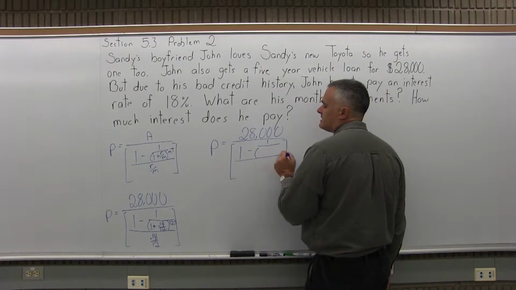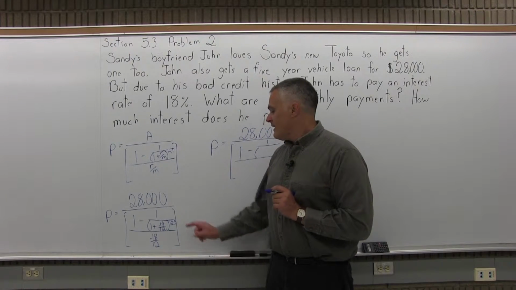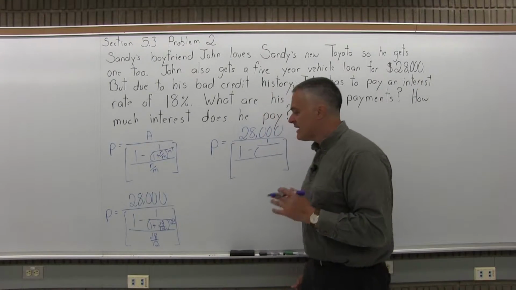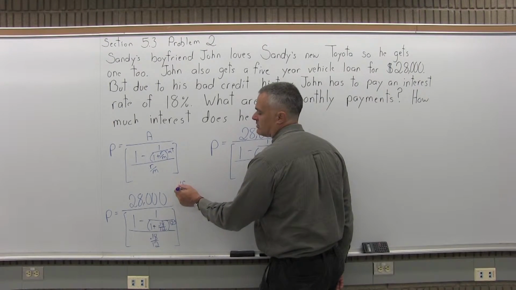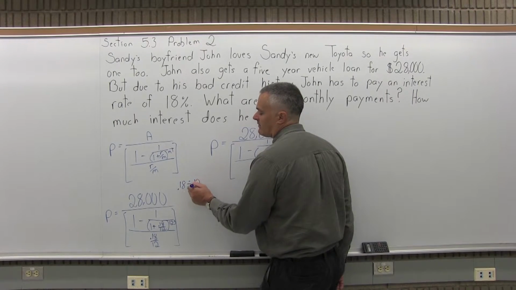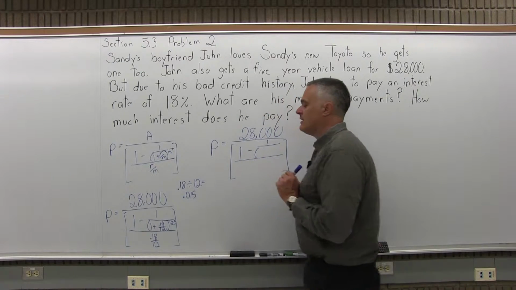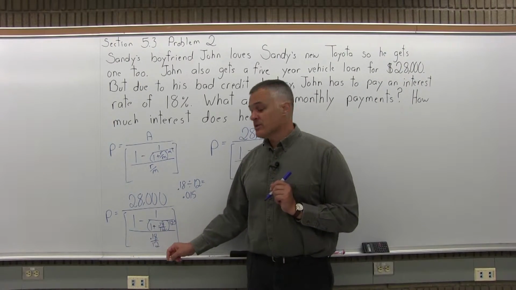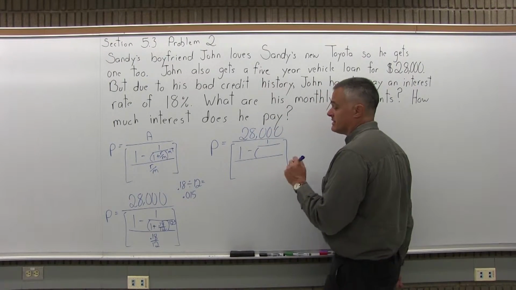And in the parentheses, that R over M is 0.18 over 12. That's 0.015. And again, I can see things like this pretty easily without my calculator. Probably not everyone can. So you just do 0.18 divided by 12 equals, and the calculator will tell you it's 0.015. Now there's a plus 1 in front of that R over M, so you're going to have the 0.015 plus 1, which is 1.015.